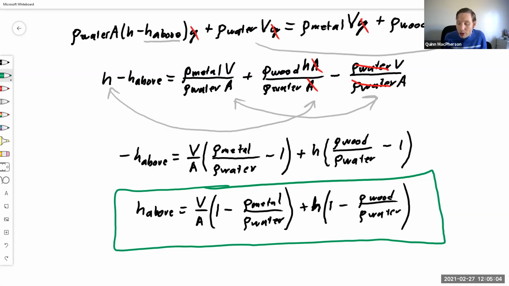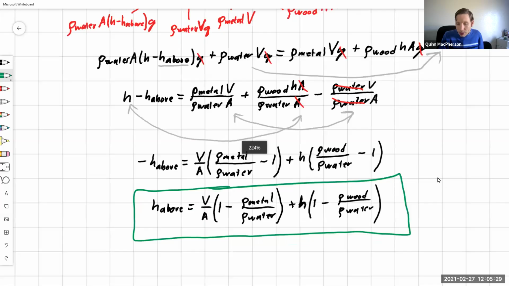Basically, this would tell us that the height is H times 1 minus rho wood over rho water. As rho wood approaches rho water, the h above goes to 0. Basically, as wood becomes the same density as water, it just barely floats at all, or it just becomes basically just water. So that sort of makes sense. So that is how you solve that problem.